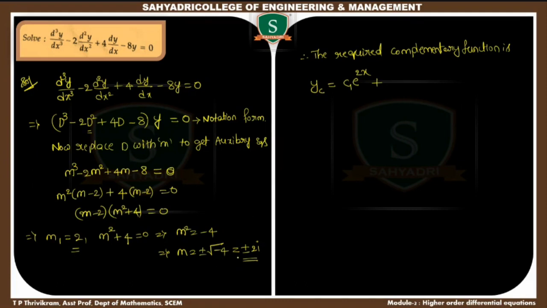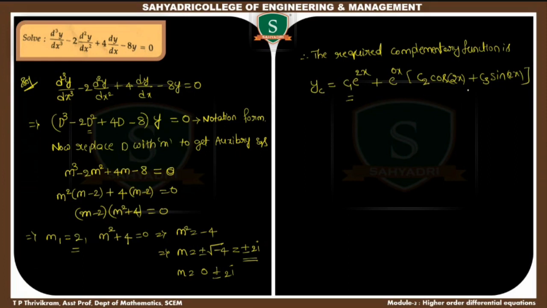For complex roots, what I said? First write e power the real part. What is the real part here? 0 plus or minus 2i is there, so the real part is 0. So e power 0x into, C1 I have already used, so you can use C2 cos, the imaginary part is 2, so 2x, plus C3 sin 2x.